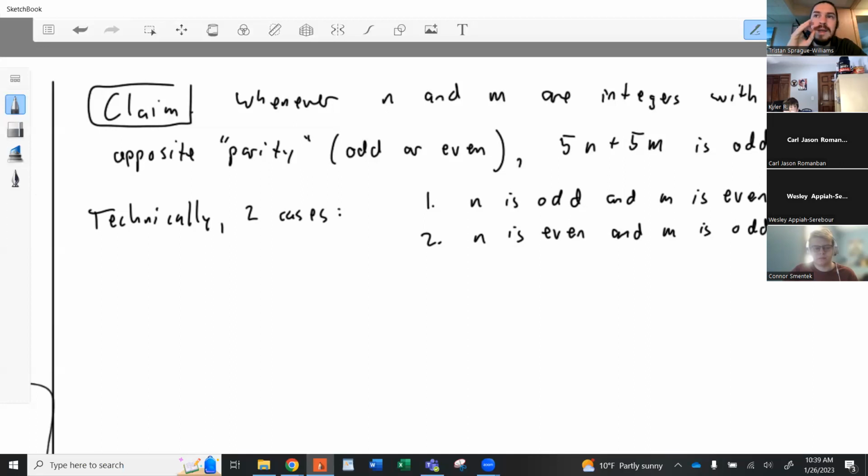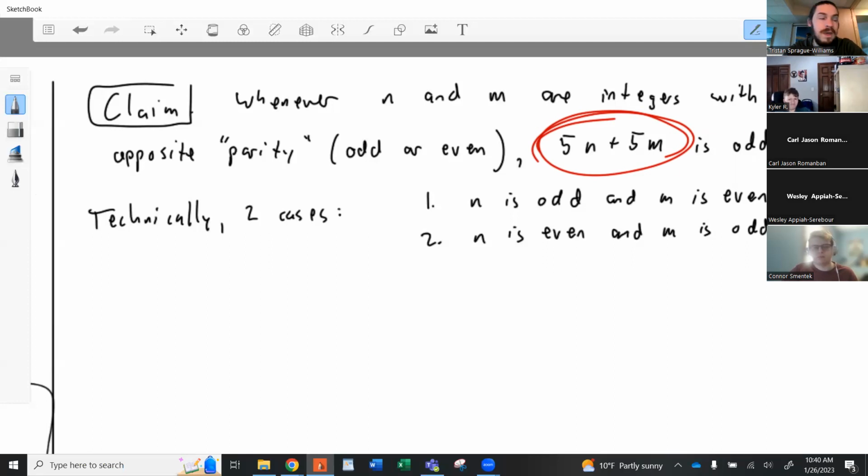But we can be a little bit clever and recognize that there is symmetry in this expression. By symmetry, I mean that you could swap n and m and it would remain the same, right? So which of them is odd and which of them is even doesn't matter.